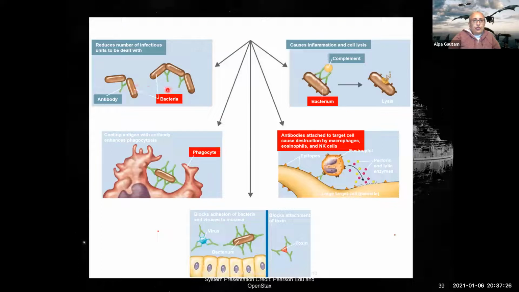Antibody-dependent cell-mediated cytotoxicity. So this is where you are coating these bacteria. So this is opsonization. This is where you cause the lysis. So remember the complement pathway. Remember the C3b causes the MAC complex to form, and you can cause lysing.